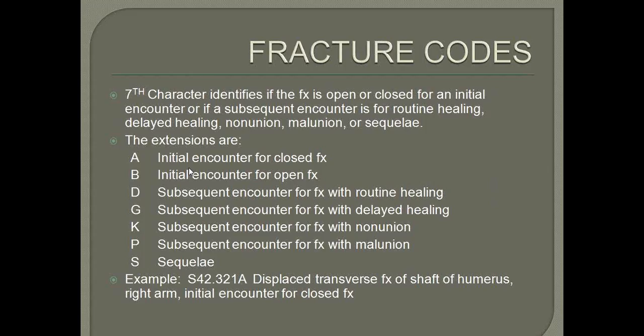If it is an initial encounter of a closed fracture, the extension is A. For initial encounter of an open fracture, it's B. And then we have additional extensions that are used for subsequent encounters for a fracture that has routine healing, delayed healing, a non-union, or a malunion. Okay?